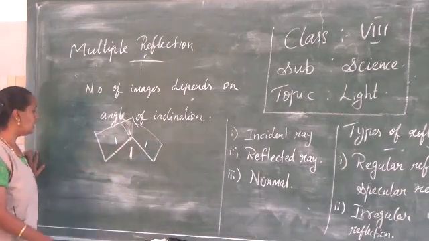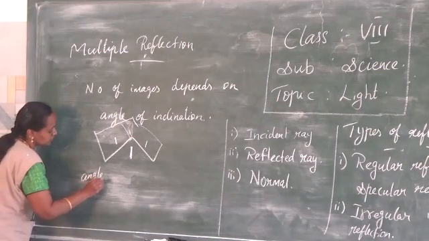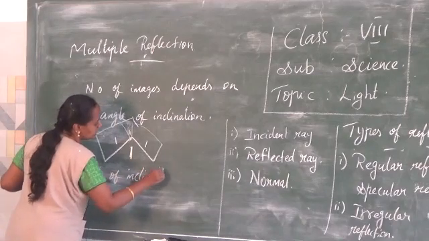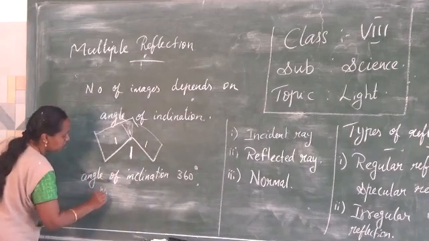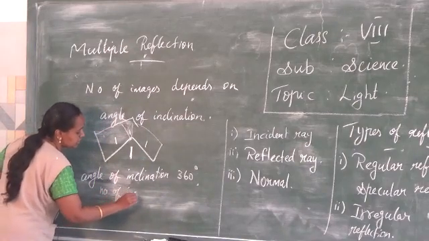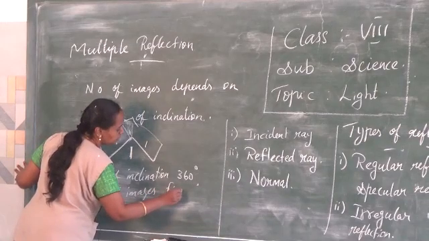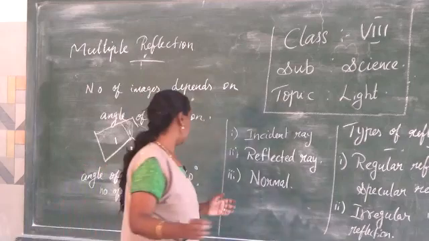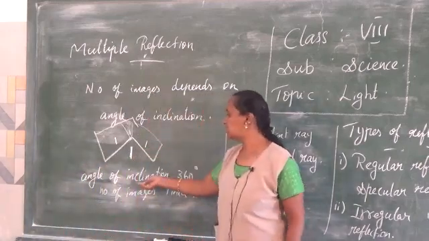So as I said, if the angle of inclination is 360 degrees, then the number of images formed is finite. Finite means you are able to count. The number of images depends upon the inclination.